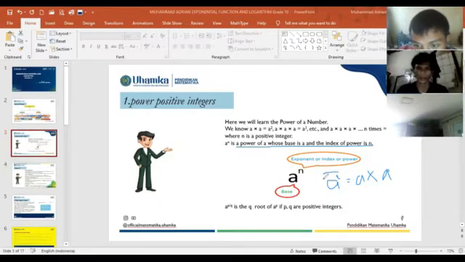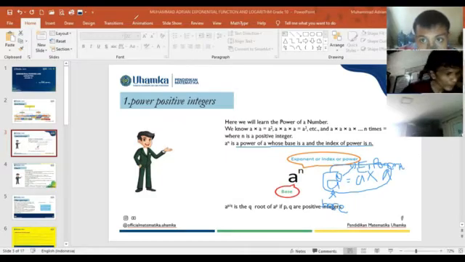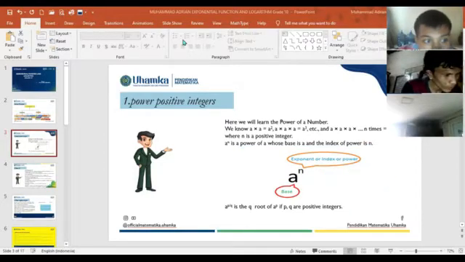This is an example: a is the base, and n is the exponent or index, or you call it exponential.